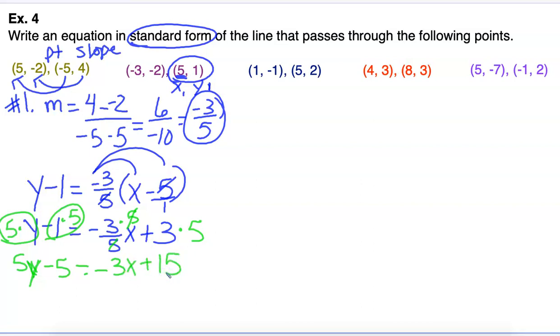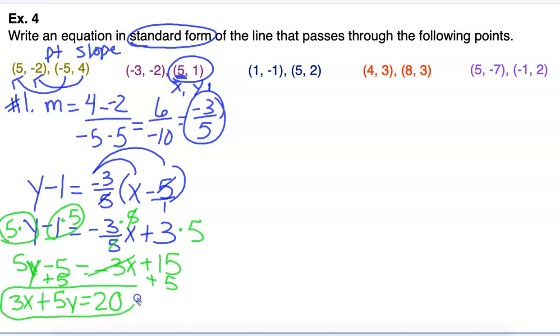So I'm going to add 3x to both sides, which will give me 3x plus 5y. And then I'm also going to add my 5 to the other side, so I get 20 over there. And I have a positive A. Everything is an integer, and we're good to go.